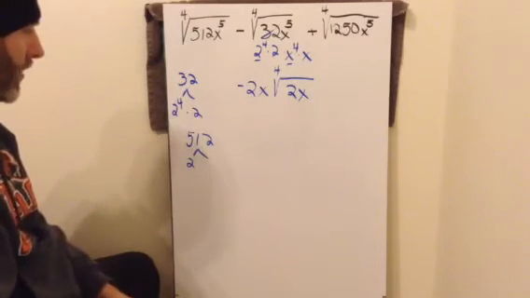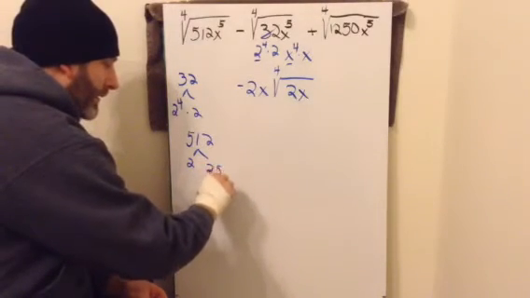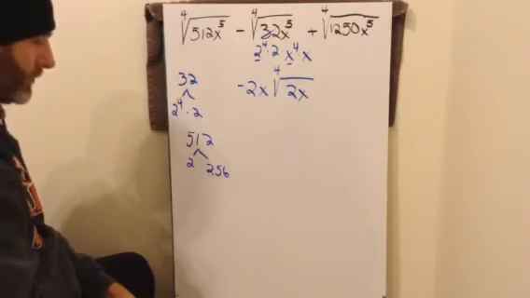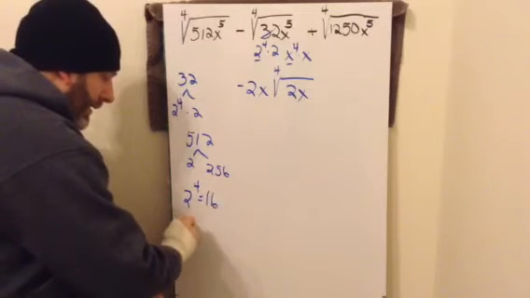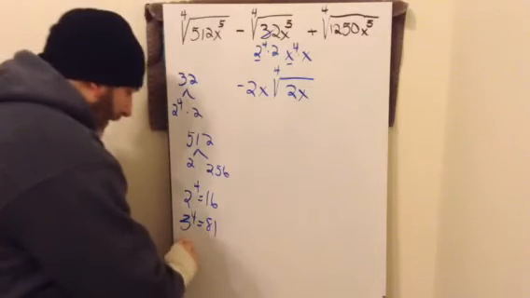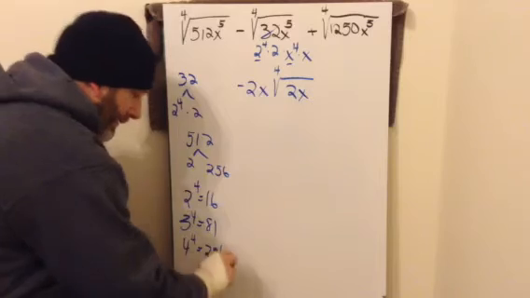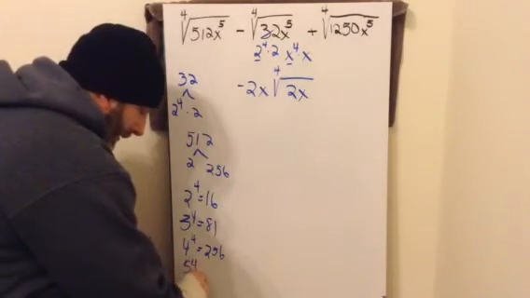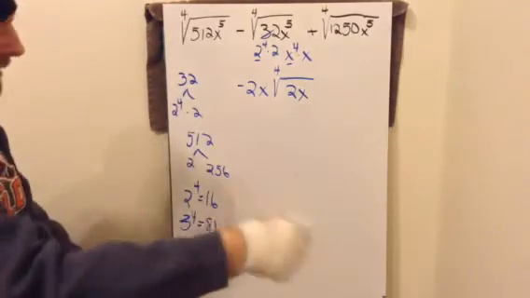So 512 divided by 2, I get 256. As you go through, maybe you had a list. 2 to the 4th is 16. 3 to the 4th is 81. 4 to the 4th, that happens to be 256. 5 to the 4th is 625. And you could go 6 to the 4th, etc.